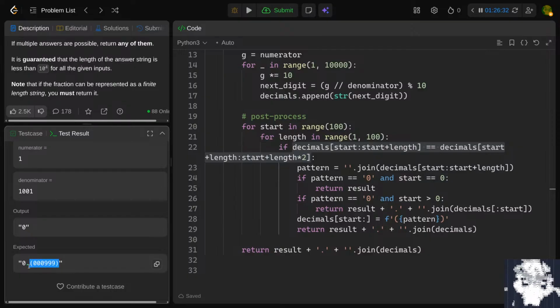So I guess for each thing that I think is a repeating pattern, I need to try smaller ones after that. Another way to say it is it needs to repeat all the way through the string, not just once.